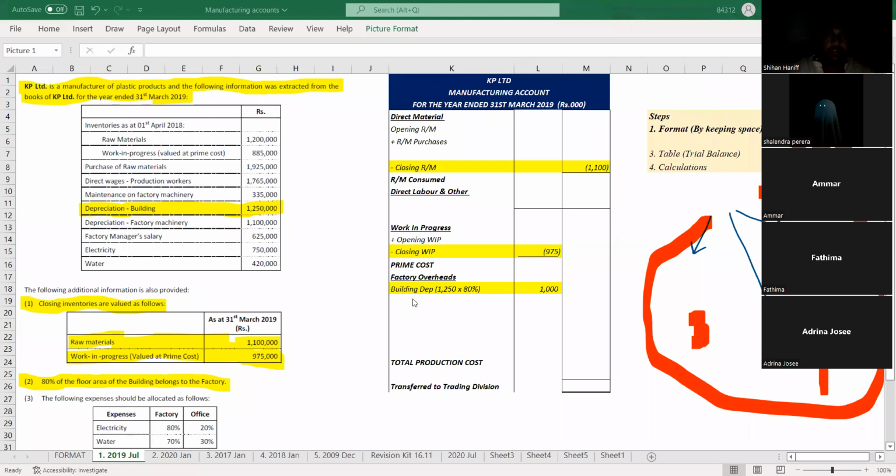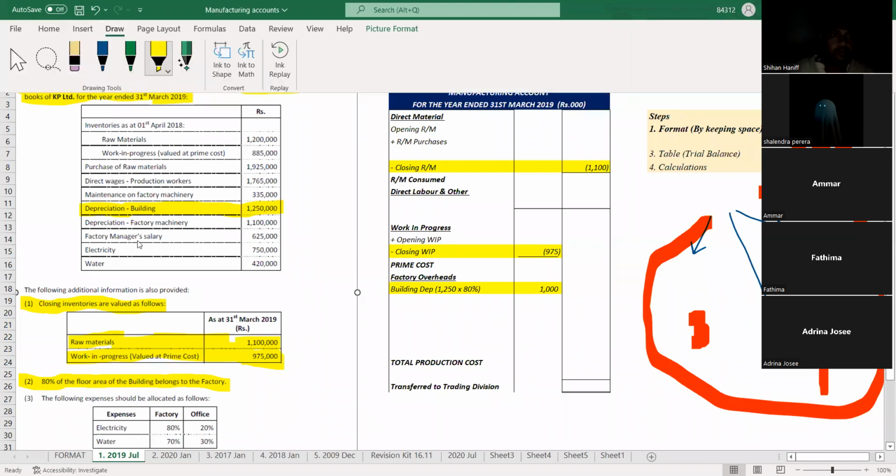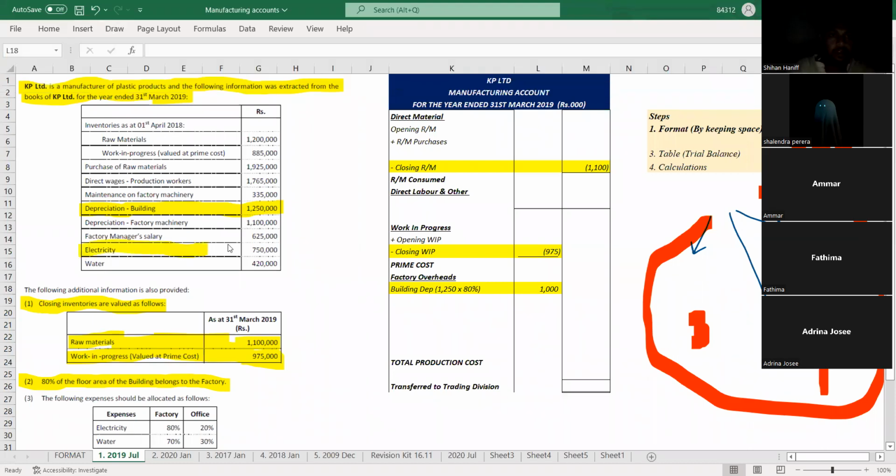Right. Electricity, you have to take 80%. Water, you have to take 70%.